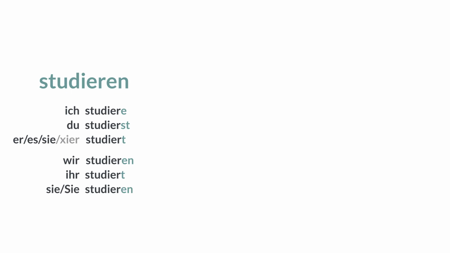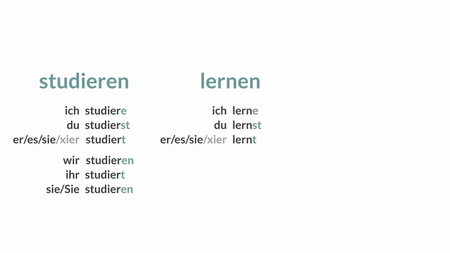Most verbs work like this: e for ich, st for du, t for er, es, sie, en for wir, t for ihr, and en for sie, plural, and Sie, formal. See here, it is the same for lernen. Ich lerne, du lernst. Er, es, sie lernt. Wir lernen, ihr lernt. Sie lernen.